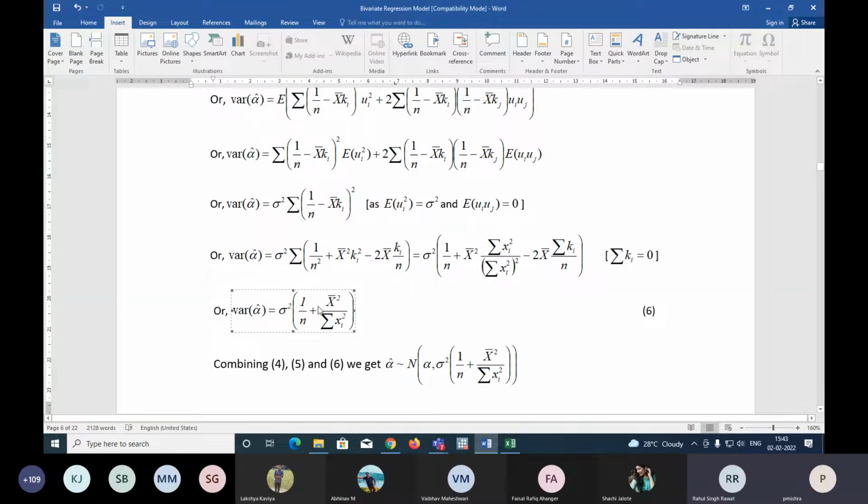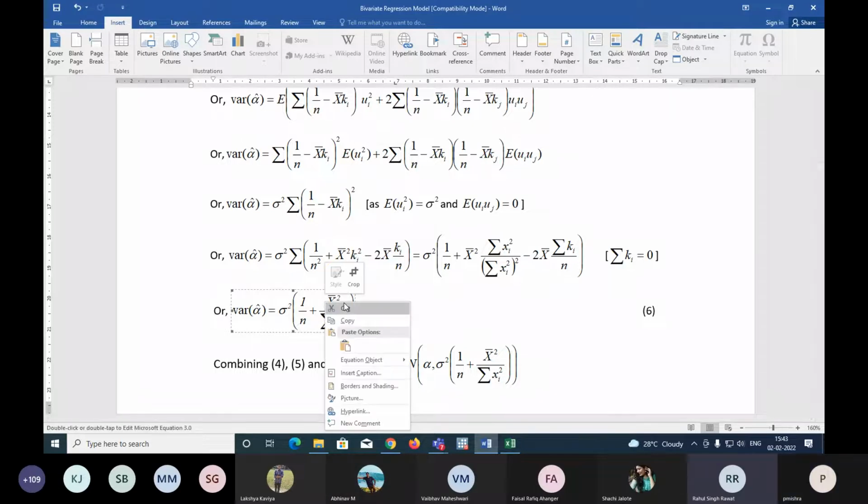This is for alpha hat, so this is for variance. For standard error, we are replacing this with sigma hat square, and then we are taking the square root. Is it clear?